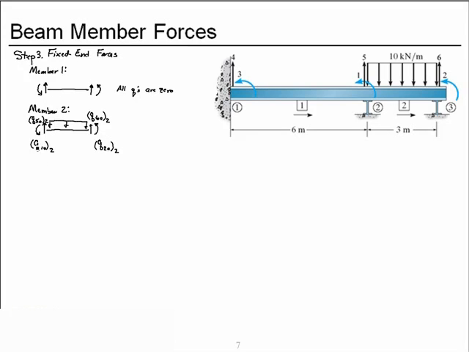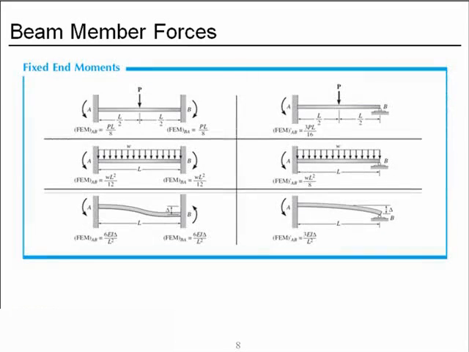Now, to calculate these moments, let's look inside the back cover of our text. Fixed end beam with uniform distributed load has moments that are omega L squared over 12 on each end. On the left end, they're counterclockwise. On the right end, they're clockwise.